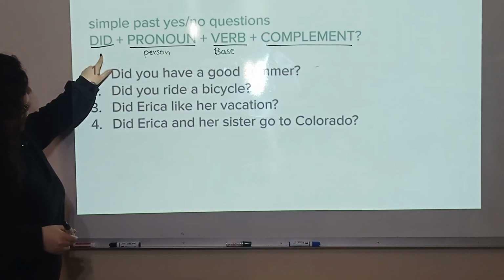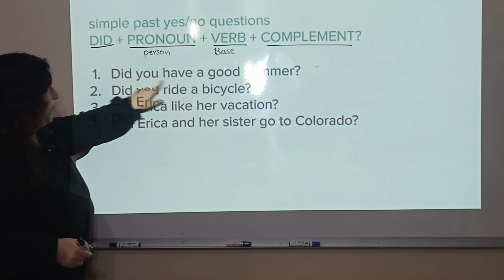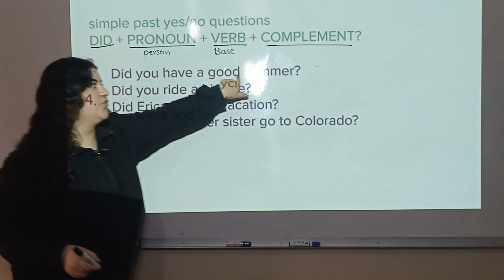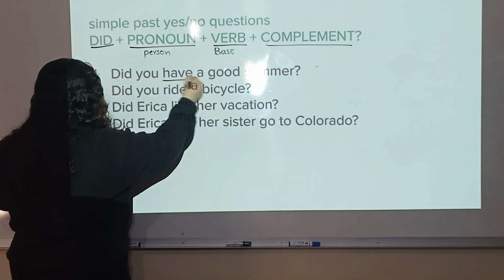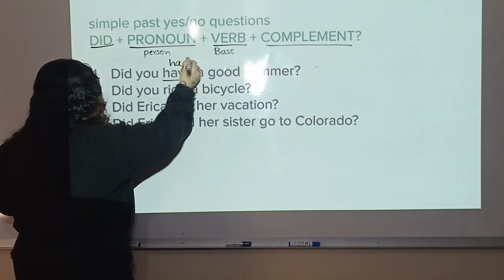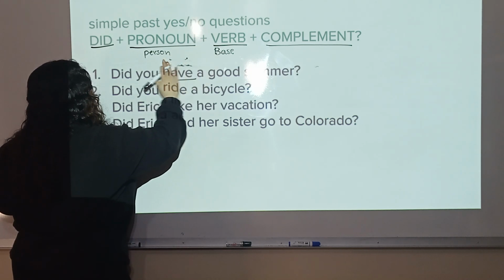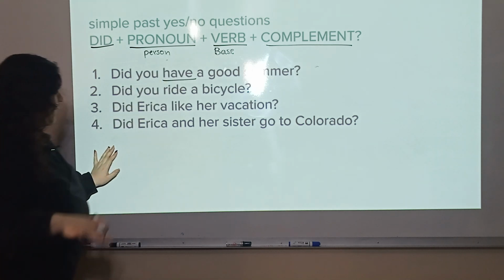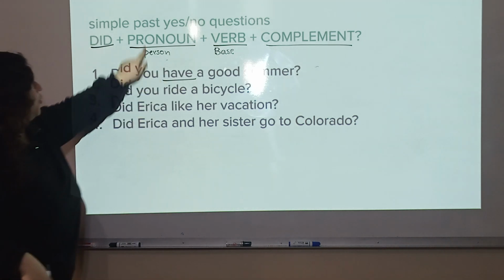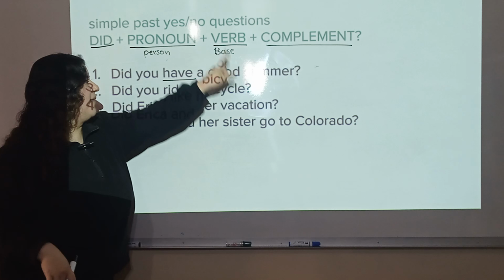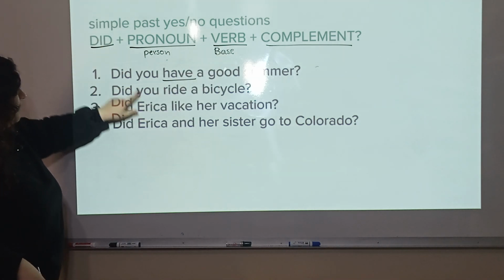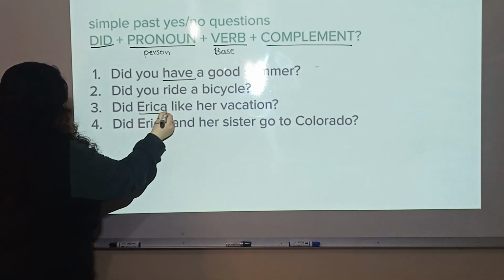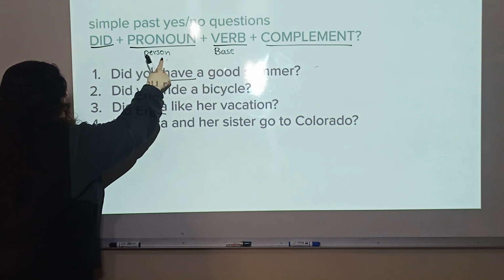For example, did you have a good summer? Here, remember, we do not change it into the past. We're going to keep it normal, in its base form. Did you ride a bicycle? Did Erica, see, here we don't have a pronoun, we have a person.